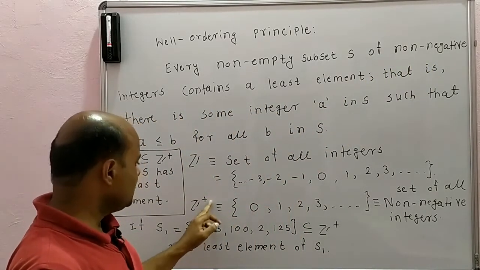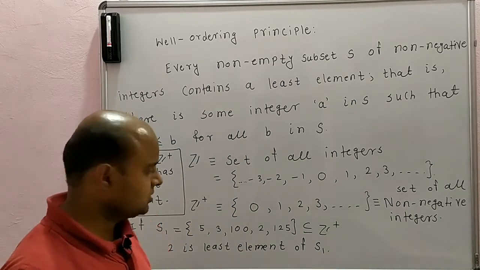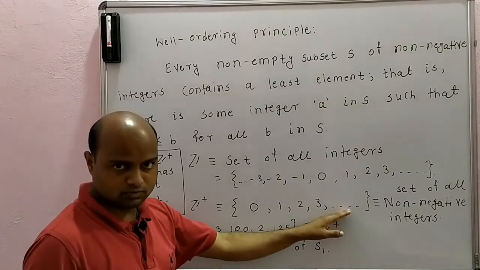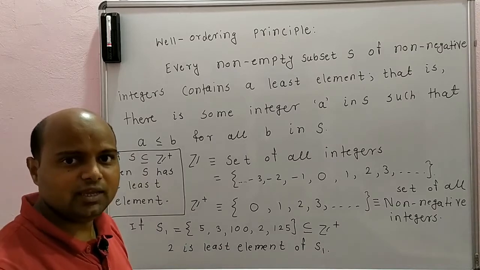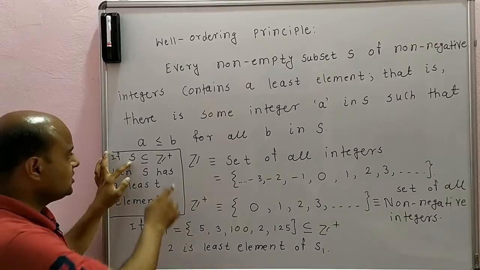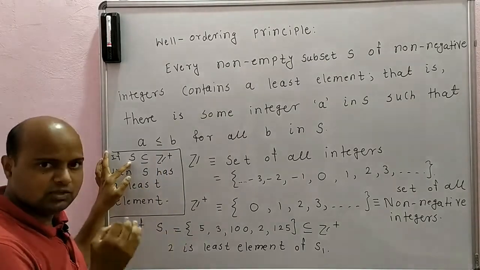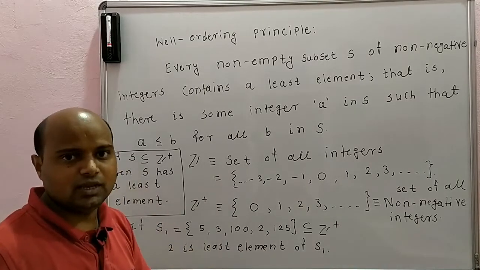Z plus denotes the set of all non-negative integers, that is 0, 1, 2, 3 and so on. What well ordering principle says: if we take any non-empty set S which is a subset of Z plus, that is the set of all non-negative integers, then S contains a least element.